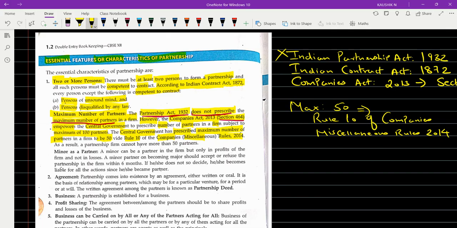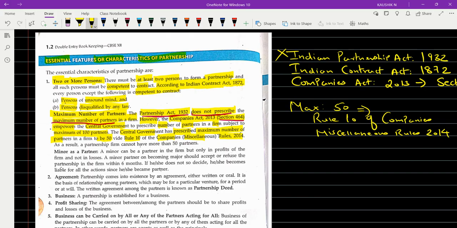And Companies Act 2013, Section 464 insists on having that maximum limit, and they have given the prescription of 100 as a maximum to the central government. Based on this, the central government has fixed the maximum number as 50. That is based on Rule 10 of the Companies Miscellaneous Rules 2014.